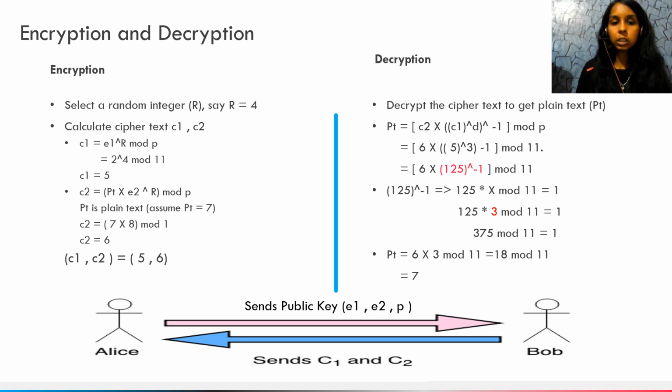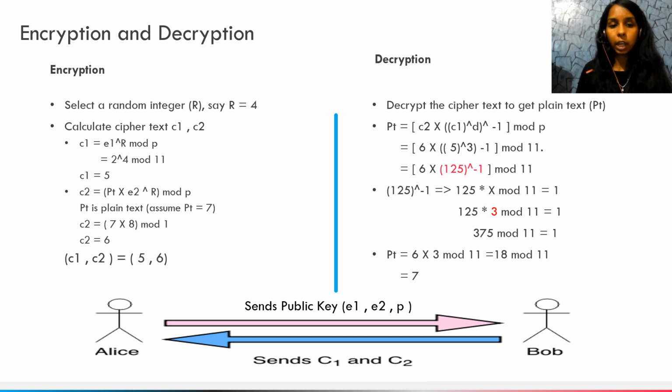Next we calculate the ciphertext C1 and C2. For calculating this, we have a formula. C1 is equal to E1 to the power R mod P. When we use the values, we get C1 as 5.